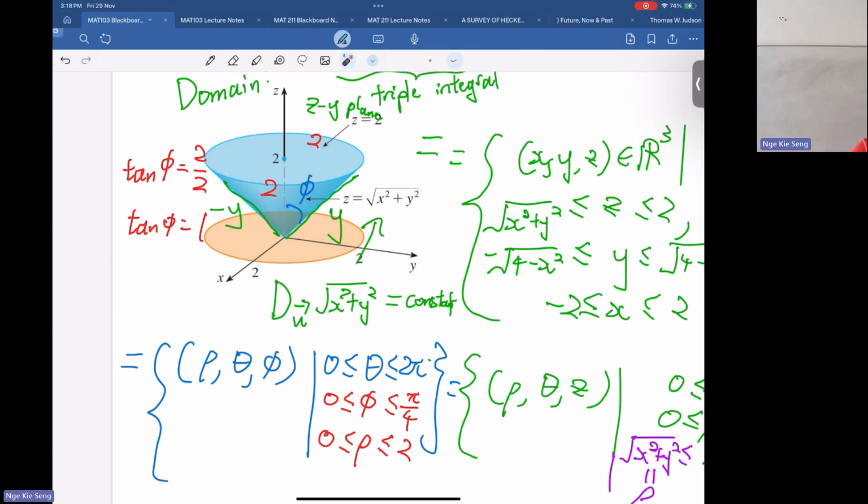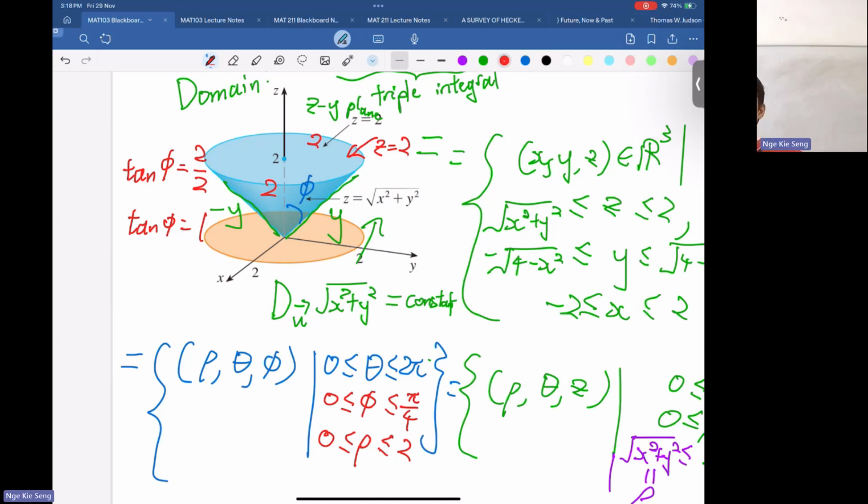How do you describe that part? That part in the XYZ plane, what is it called? What is this plane called? Z equals what? 2. But how do you change from Z to a spherical coordinate?